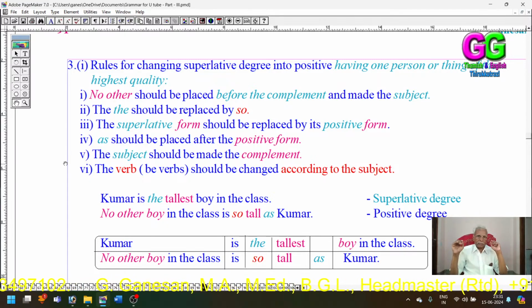Then the third example. Here we are going to see the rules to be followed to change superlative into positive and superlative into comparative. What are the rules we have to follow? First, let us see the rules for changing superlative into positive.